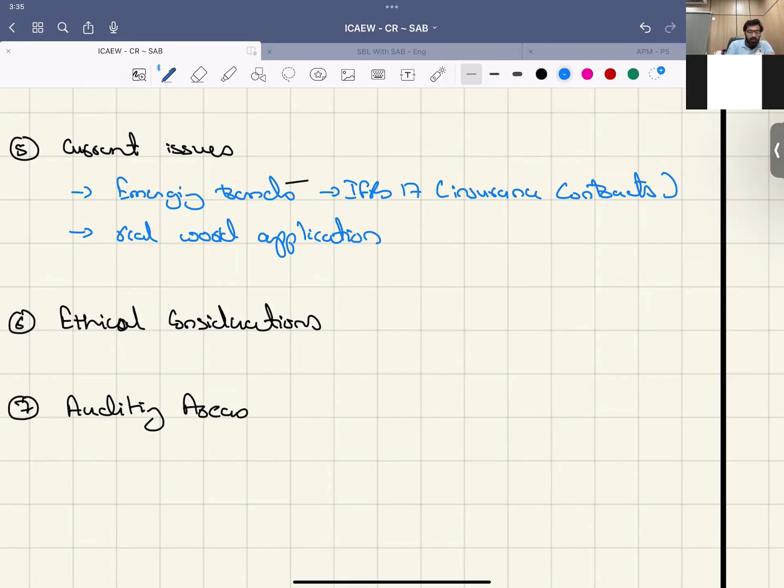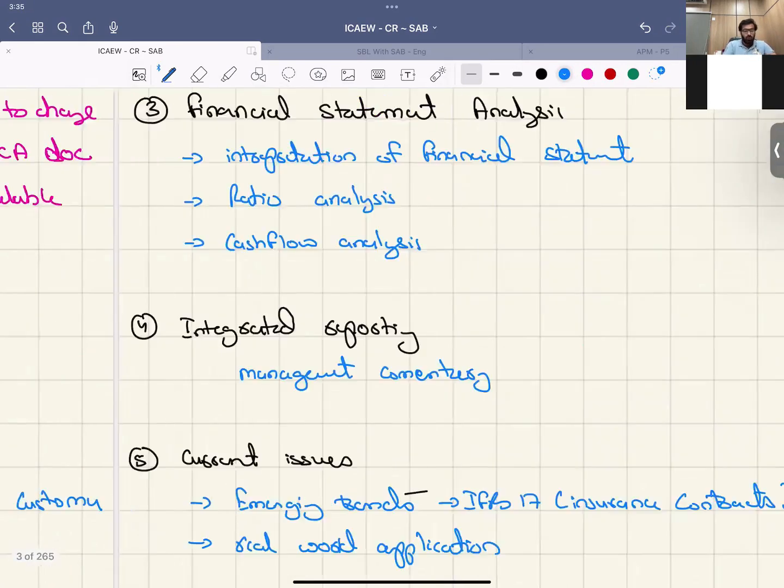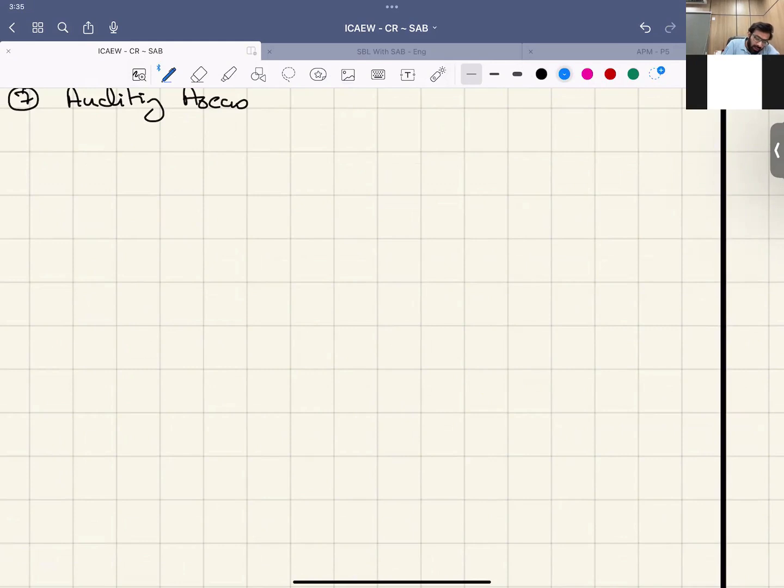One more thing is that there isn't going to be just one auditing area. They are many, just like risks, or we can say subsequent events.